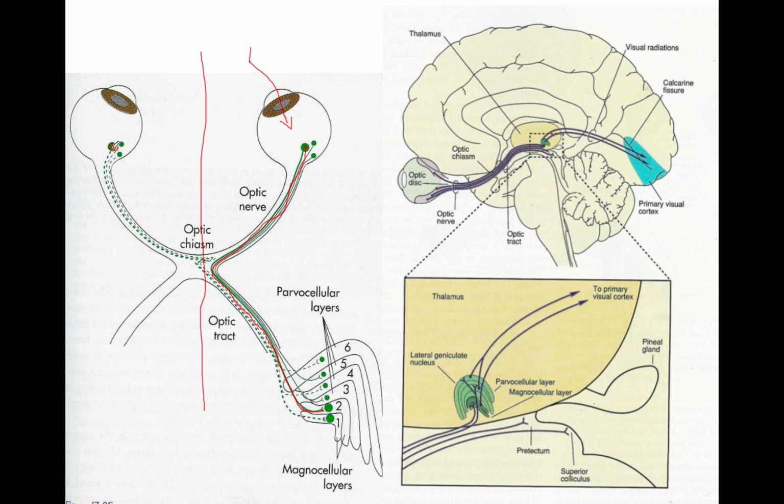Over here on this side, the stimulus happens to hit this particular retinal ganglion cell. That carries information back down, crosses over the midline, and feeds into the magnocellular layer that we have here, layer 1. So you have layers 1 and 2 receiving magnocellular input. Layer 2 is getting it from the ipsilateral side. Layer 1 is getting it from the contralateral side over here.